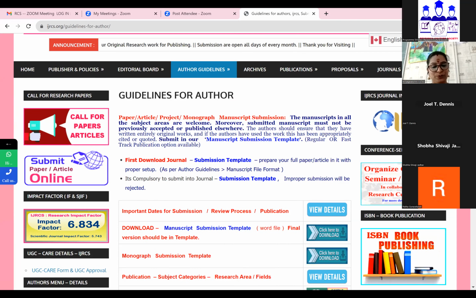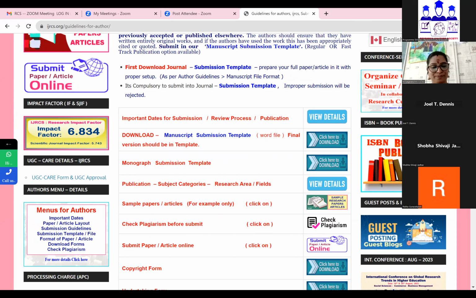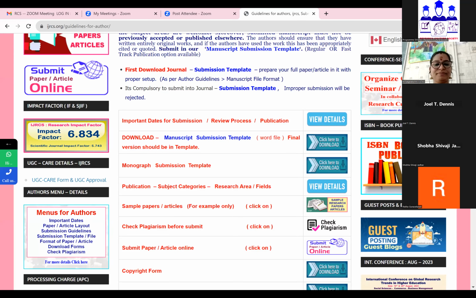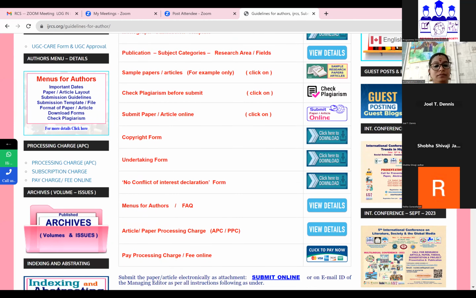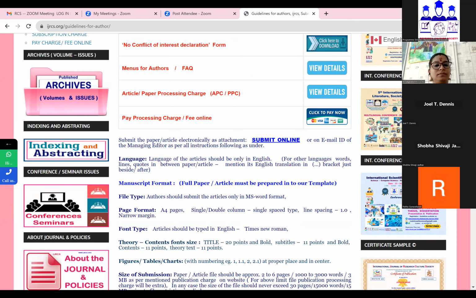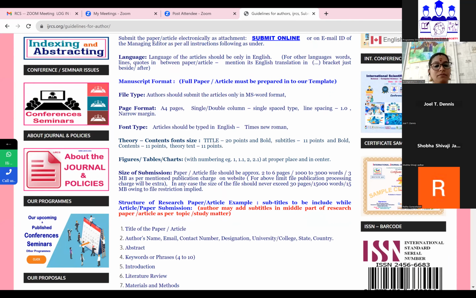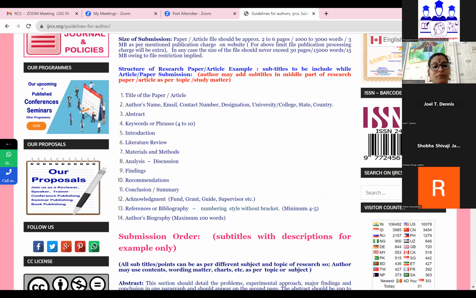There you will have the instructions, the templates of articles, and sample research papers, research articles and review papers. Plagiarism free software is also available. One participant inquired about topics or subheadings; those are also available on this website.